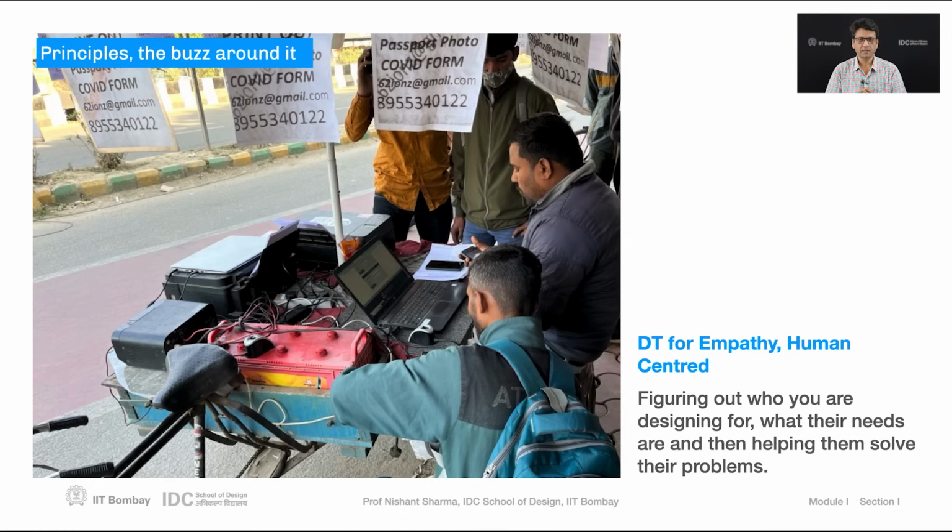The principles underpinning its widespread adoption and the buzz that it has managed to generate are as follows. Design thinking is about empathy and is user-centered or human-centered. In an era where customer experience is paramount, design thinking's focus on empathy and understanding user needs aligns perfectly with the goals of businesses and organizations seeking to deliver exceptional value to customers.